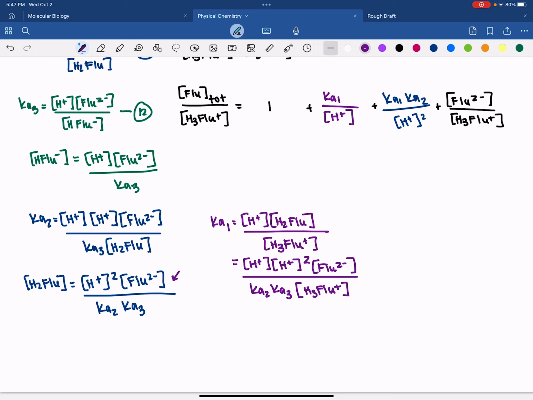Okay? Now, we're so close. Let's get flu 2 minus over H3 flu plus by itself. And that will look like flu 2 minus over H3 flu plus equal to Ka2, Ka3, I don't like that.